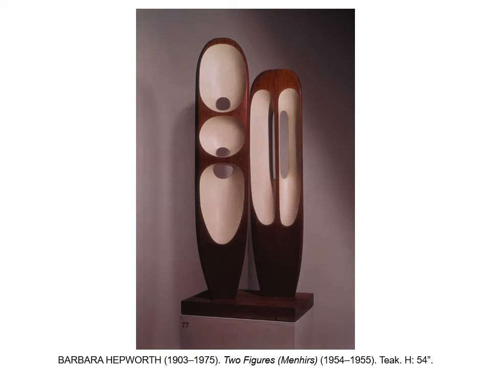Barbara Hepworth, part of the New York school. Technically, that's supposed to be two people there, two figures, male and female. But with some of the stuff during the New York school, all the different artists up in New York at the time are bringing a different approach, different ideas.